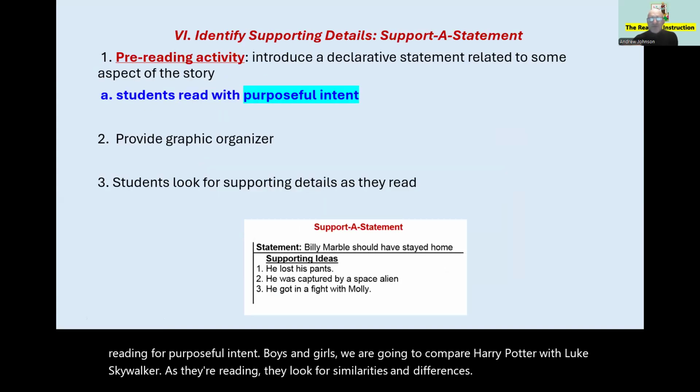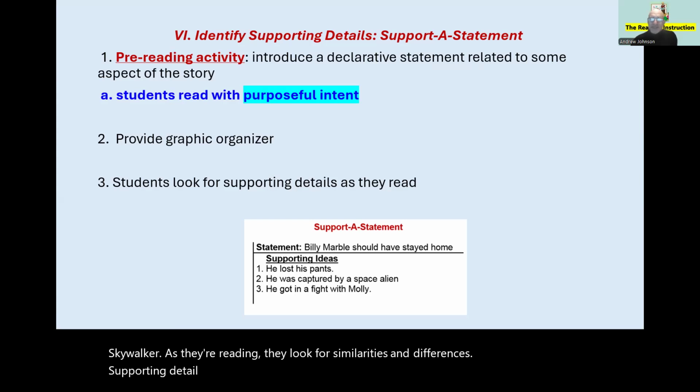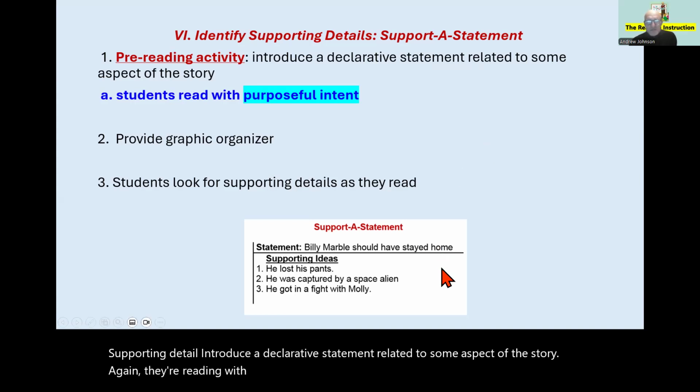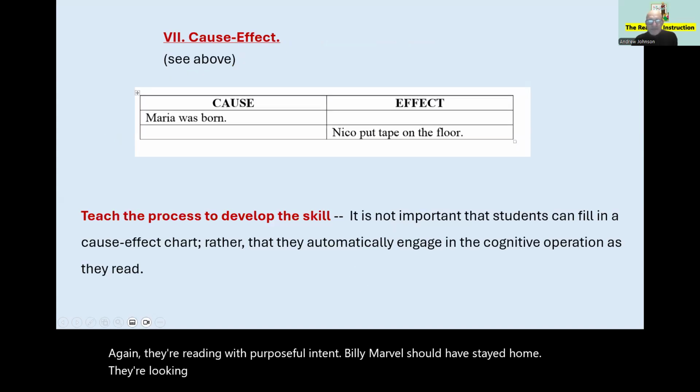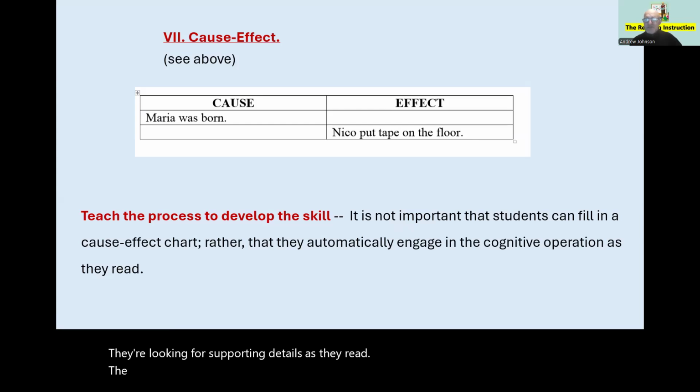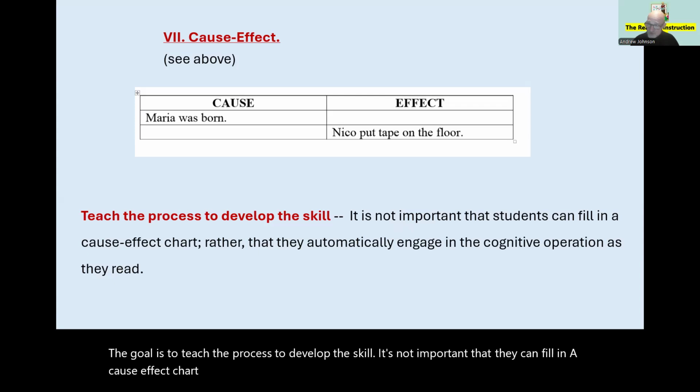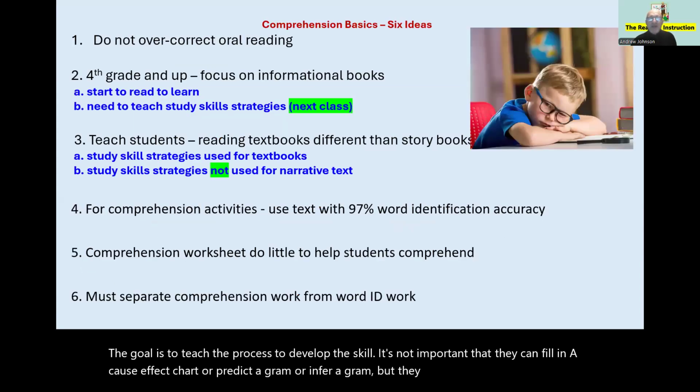Supporting detail, introduce a declarative statement related to some aspect of the story. Again, they're reading with purposeful intent. Billy Marvel should have stayed home. They're looking for supporting details as they read. The goal is to teach the process to develop the skill. It's not important that they can fill in a cause-effect chart or a predictogram or an inferogram, but they will automatically engage in the cognitive processes as they read.